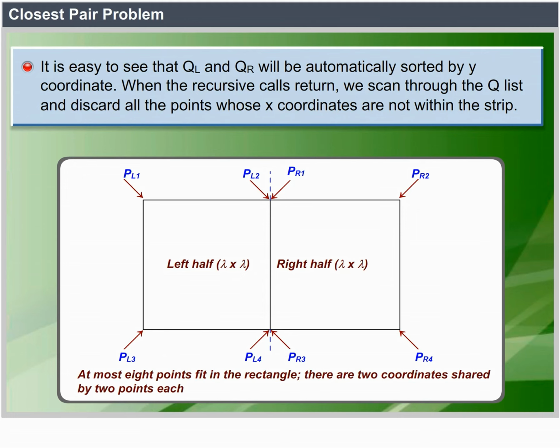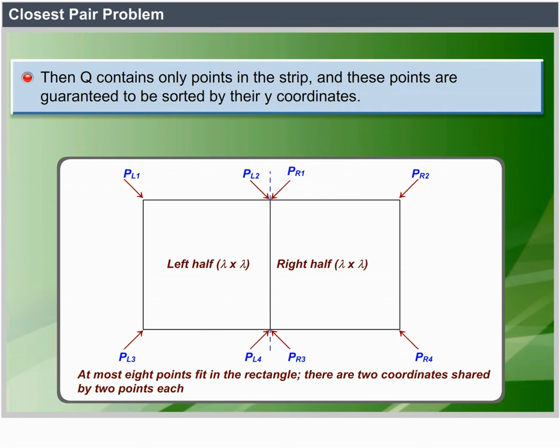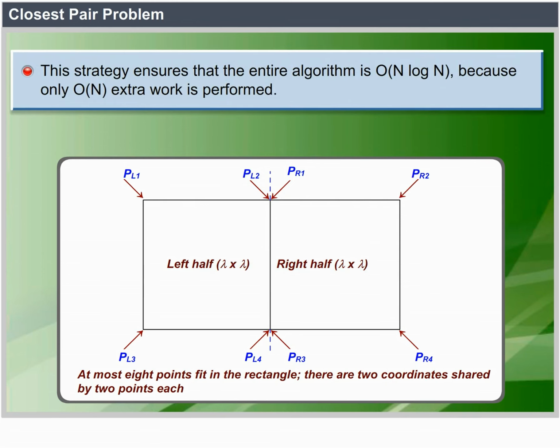Then Q contains only points in the strip, and these points are guaranteed to be sorted by their y coordinates. This strategy ensures that the entire algorithm is O(n log n) because only O(n) extra work is performed.